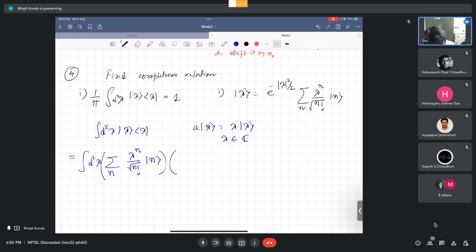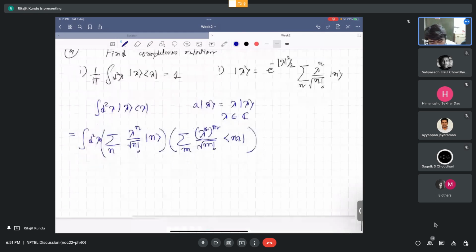Another insertion will be with a different dummy variable, because otherwise the summation indices will mess up. So m, lambda to the power m by square root of m factorial, and then the state m, and this is lambda star to the power m. I have inserted these relations.